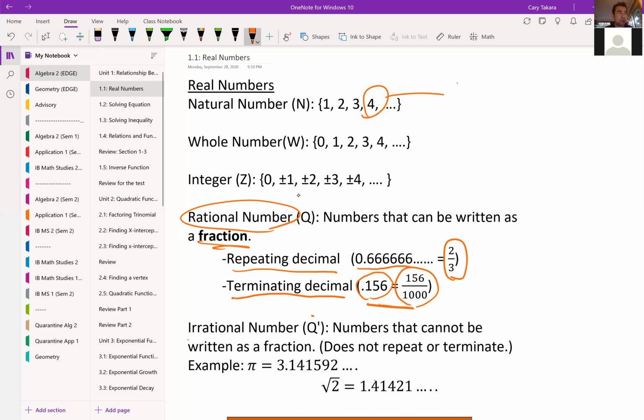Can you write 4 as a fraction? Anything that you can write as a fraction is a rational number. How do you write 4 as a fraction? Well, 4/1, 8/2, right? So you can write 4 in fraction form. So natural numbers are rational numbers.